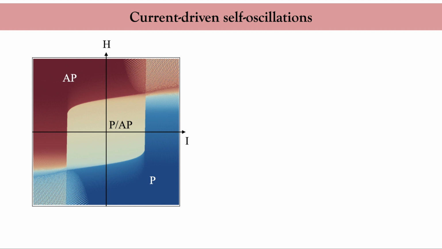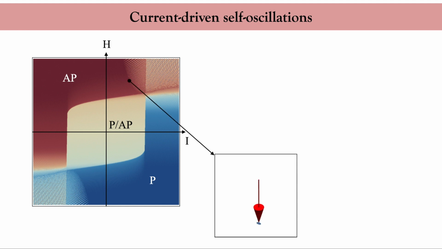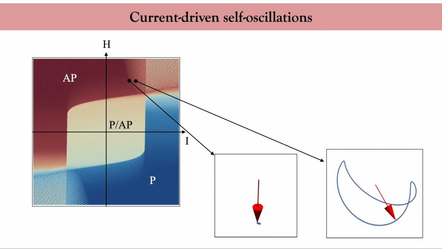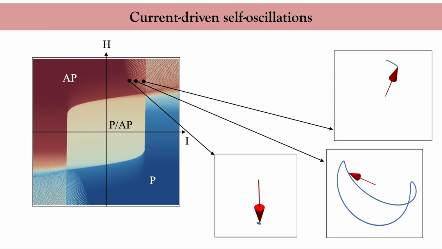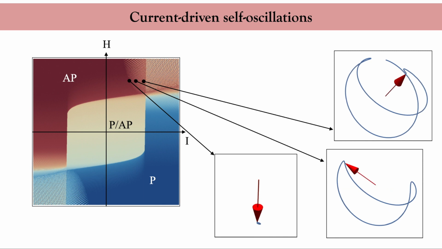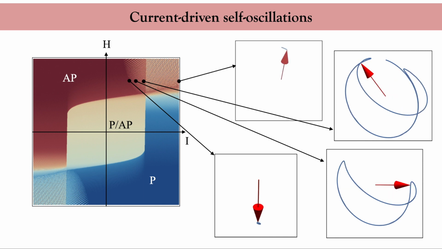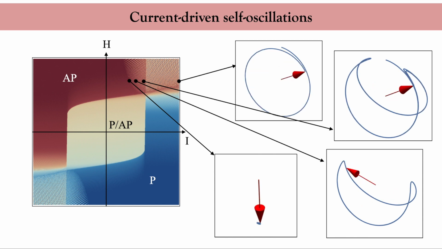At relatively low current density, I obtain a magnetization precession around the anisotropy axis with a very small precession angle. This angle increases when I increase the current, and eventually for large currents, I obtain almost a complete precession in the plane. When the current exceeds this threshold, the precession doesn't happen around the anisotropy axis anymore, but in the plane, around the demagnetizing field itself.